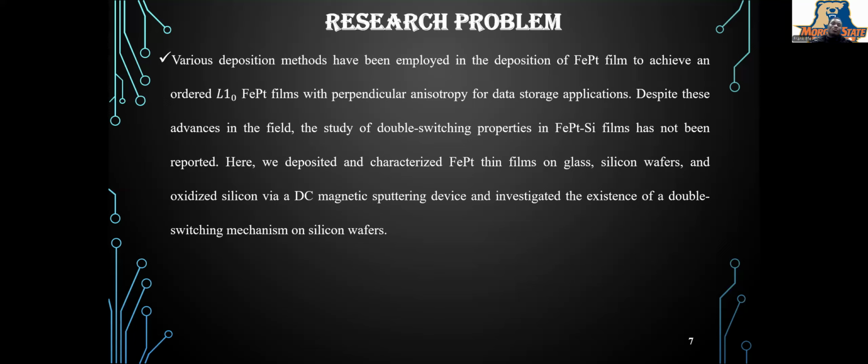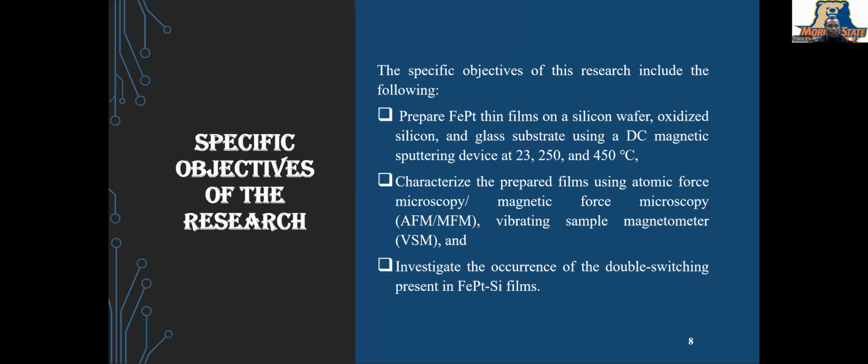Hence, we deposited and characterized iron platinum thin film on glass, silicon wafer, and oxidized silicon through a DC magnetron sputtering device, and investigated the occurrence of the double switching mechanism on silicon wafers.